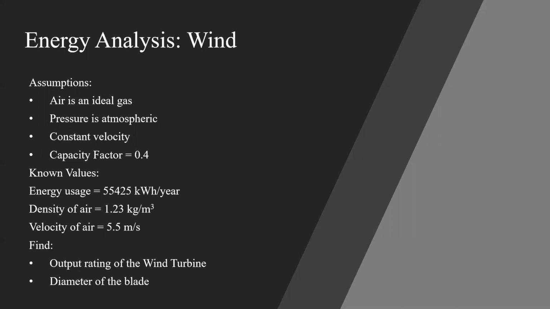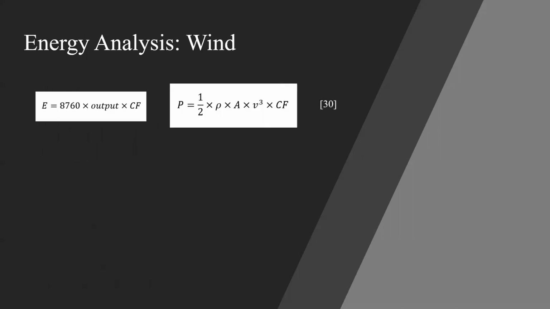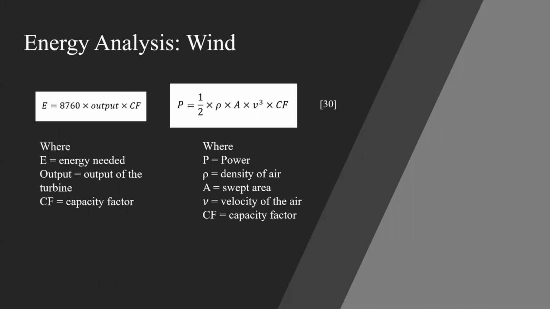And we assume that the velocity of air in Denver, Colorado is constant, which is 5.5. So using the equation for the output of the turbine and the capacity factor of 0.4, we calculated the output of the turbine should be 15.81 kilowatts, and then the diameter of the blade should be 22 meters.